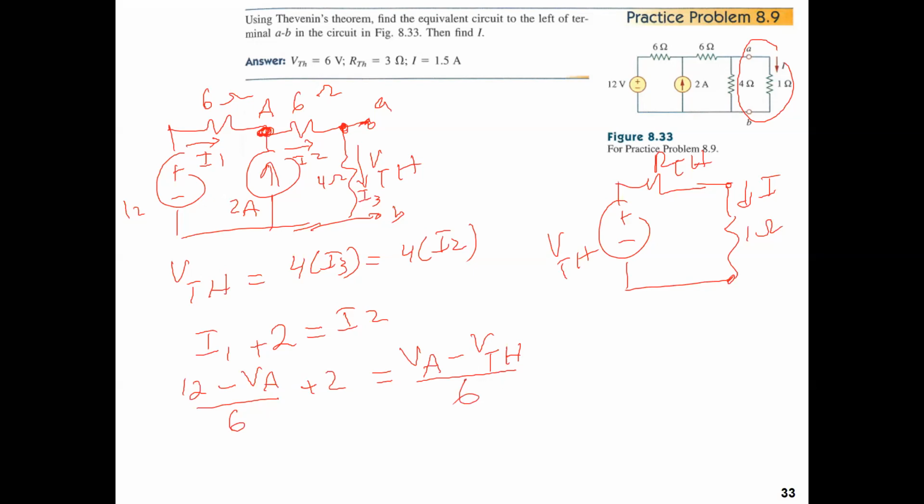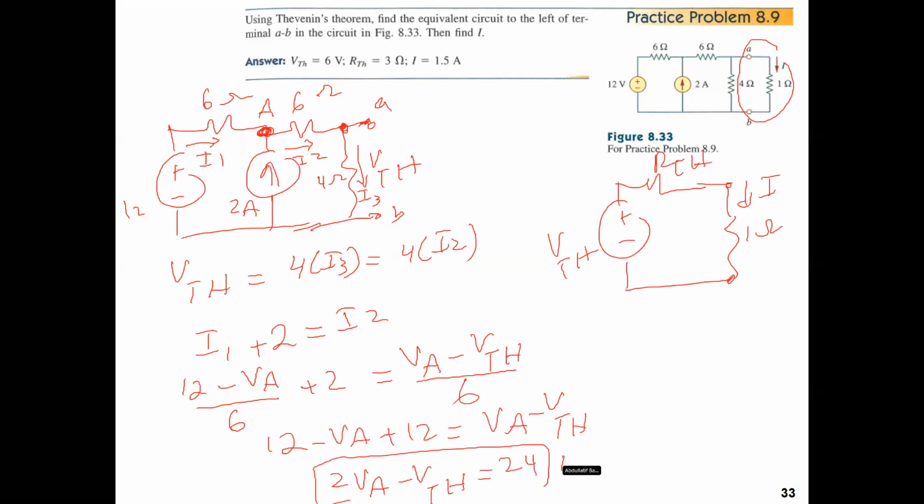Multiply by 6, and we have 12 minus VA plus 12 equal to VA minus VTH. Take VA to the other side, and it will be 2VA minus VTH equal to 24.